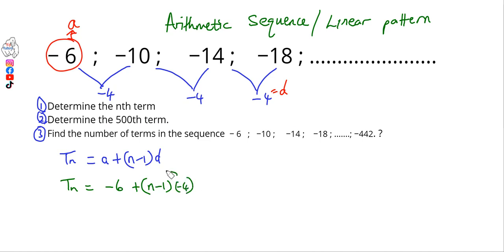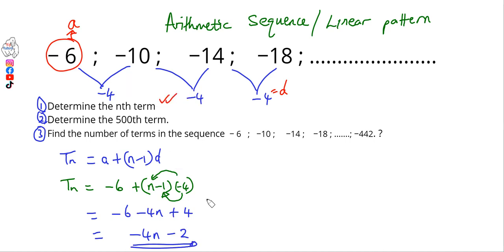So negative 4 multiplies both terms in the bracket: negative 4 times n is negative 4n, and negative times negative is plus 4. Then negative 4n, minus 6 plus 4 is minus 2. So our answer in this case is Tn equals negative 4n minus 2.